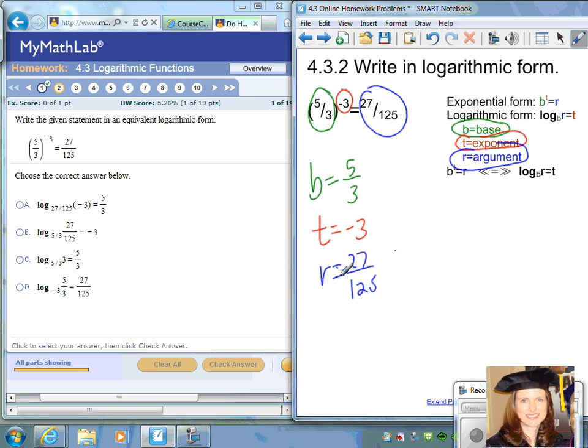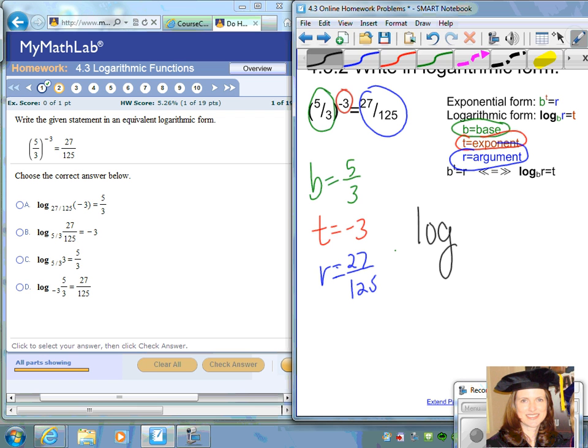So the logarithm can be written as log base b of the argument, which is blue. That has to equal the exponent t.